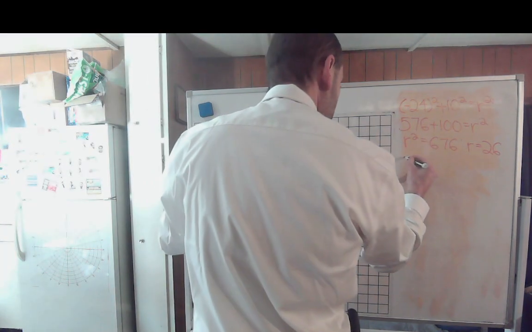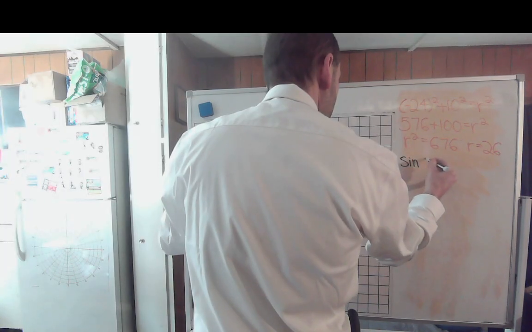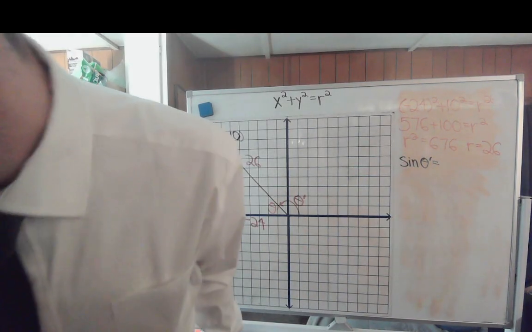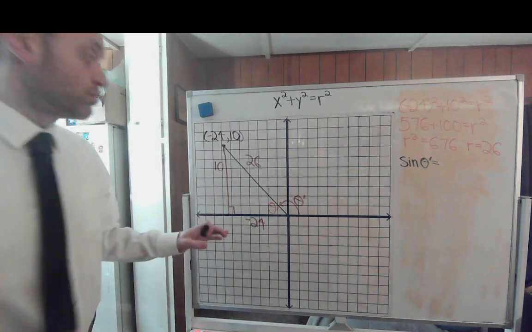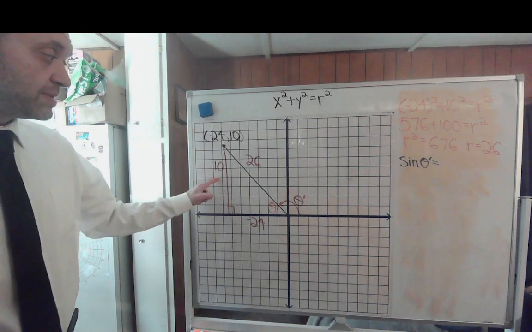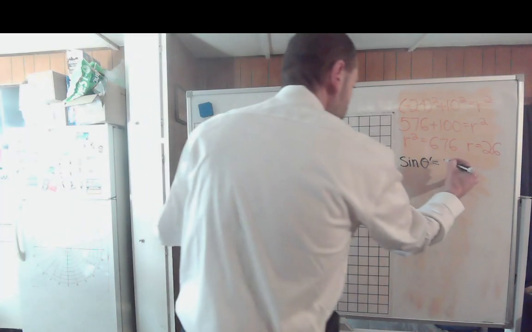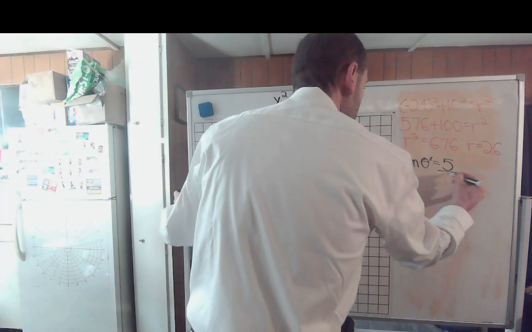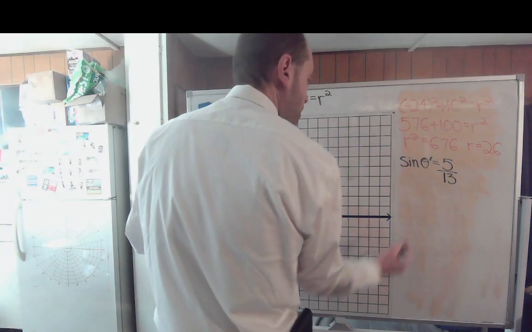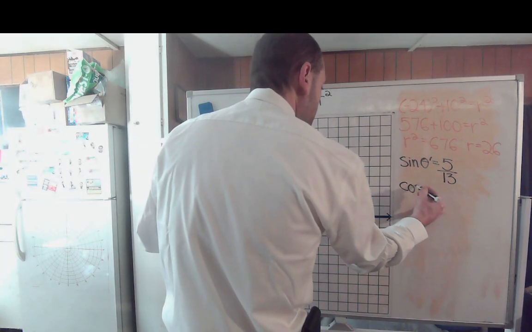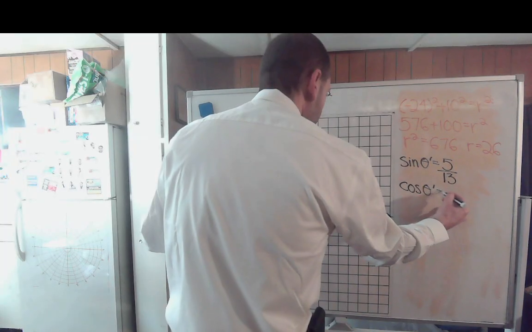So the sine of that theta prime is going to be equal to the opposite over the hypotenuse. Well, 10/26 would reduce into 5/13. Alright, so what about the cosine of theta prime?